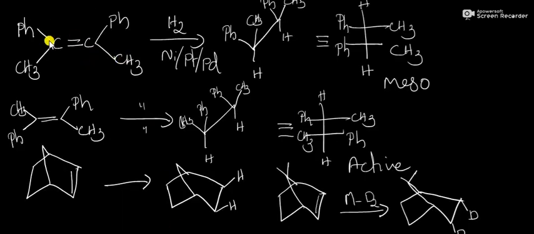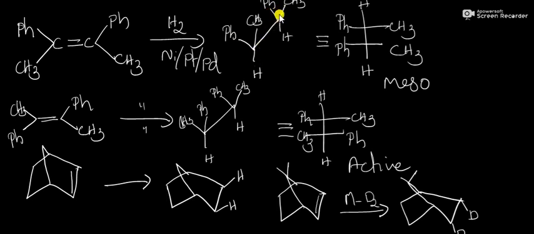This is a cis olefin, which undergoes catalytic reduction. The product will be a meso compound. That is, hydrogen will add to the substrate in a syn manner. So we get a configuration like this.